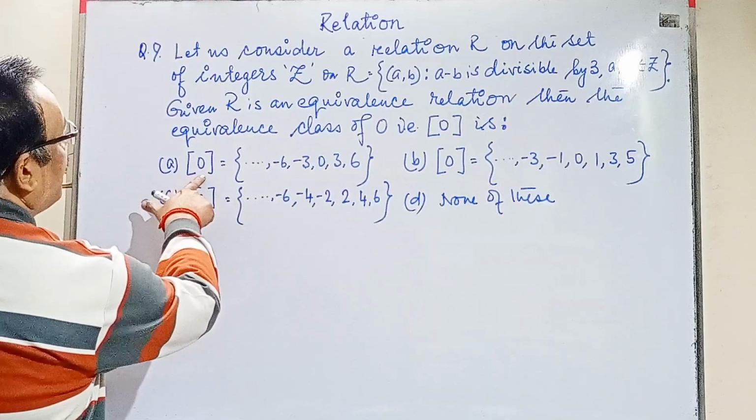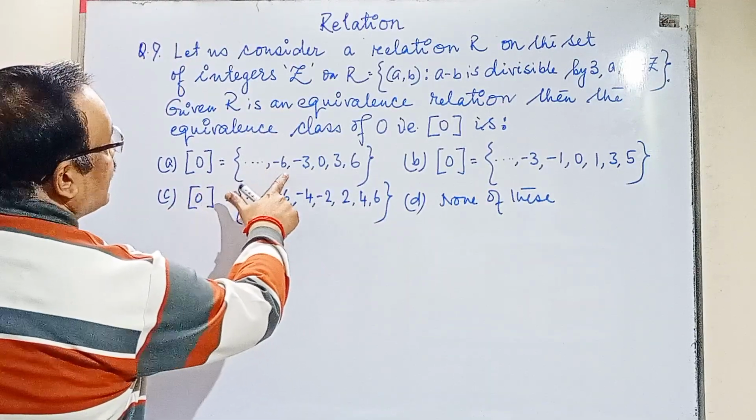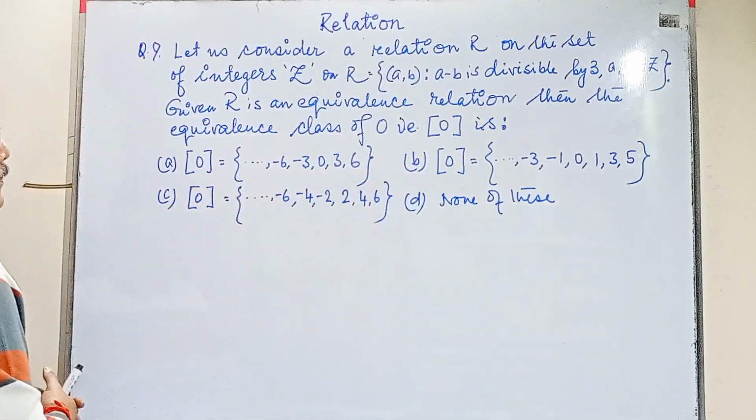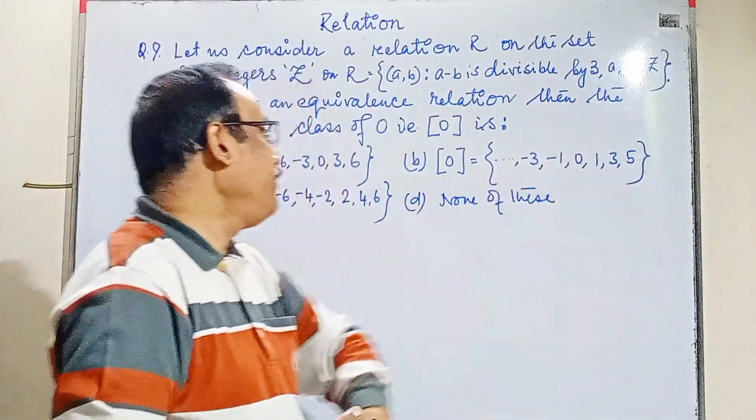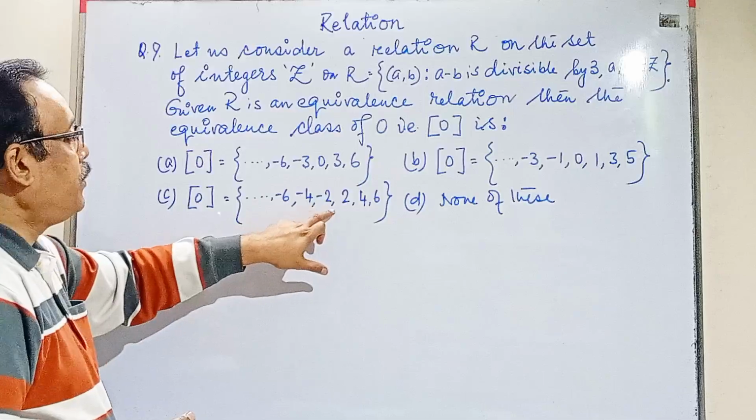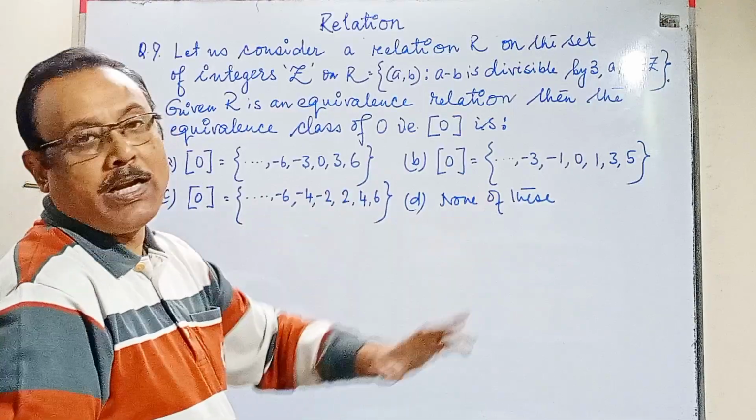The equivalence class of 0 is equal to minus 6, minus 3, 0, 3, 6, like this. Or minus 3, minus 1, 0, 1, 3, 5. Or minus 6, minus 4, minus 2, 2, 4, 6. Or none of this.